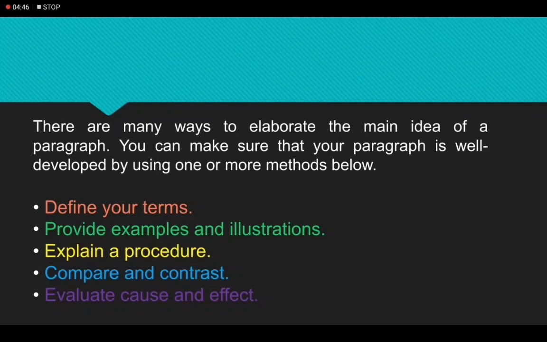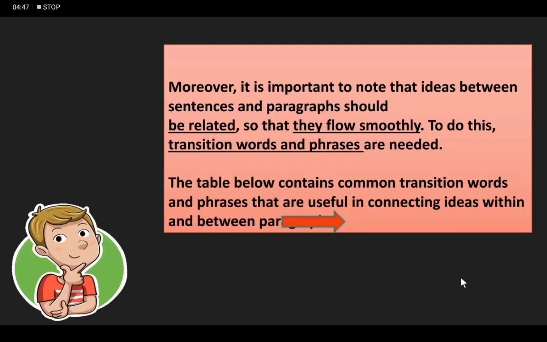And fifth, evaluate cause and effect. It is important to note that ideas between sentences and paragraphs should be related so that they flow smoothly. We already discussed this when we talked about coherence. There should be a smooth flow of ideas inside the paragraph. So what do we use in order to accomplish that?